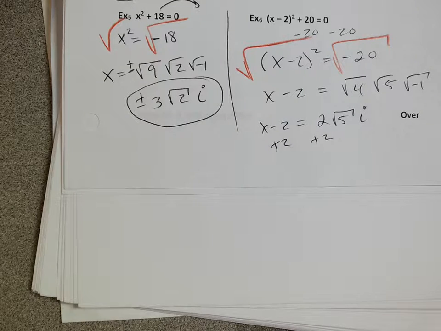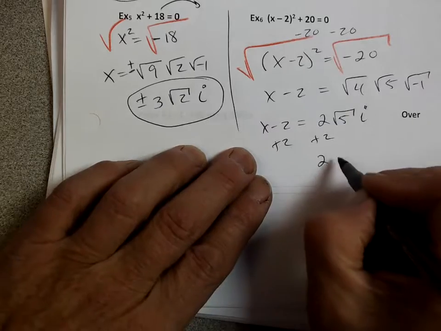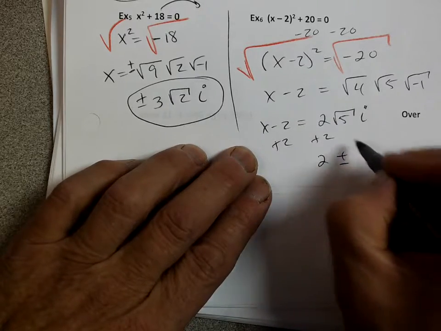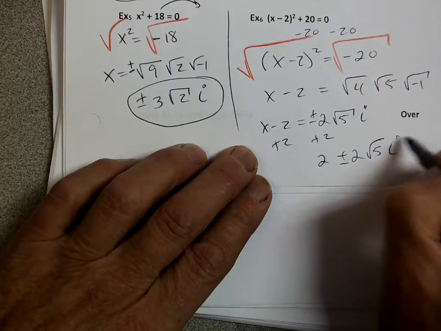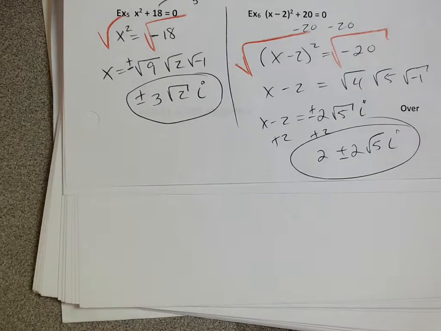You can't add real numbers with imaginary, so we keep them separate. So our answer is just going to be 2 plus or minus 2 square roots of 5i. Okay? Thumbs up? Not too hard so far. Okay, turn page.